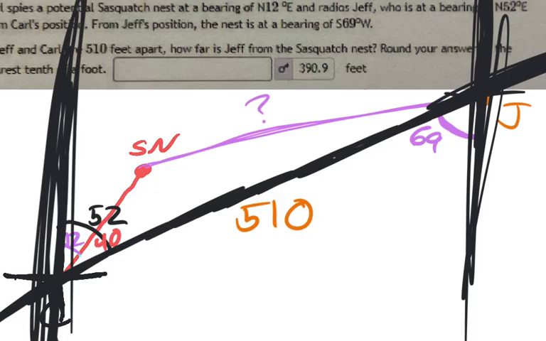I've got two parallel lines that are both north, cut by a transversal, which means if this angle is 52, alternate interior angle, this angle has to be 52.